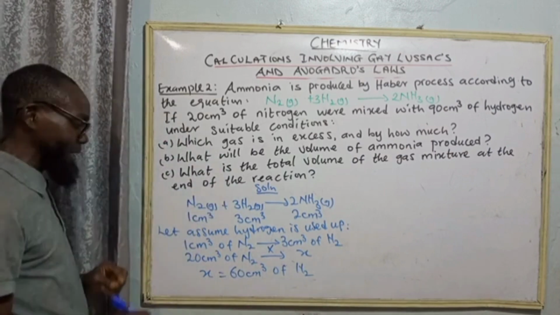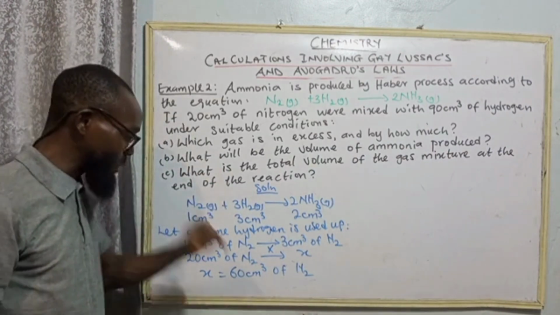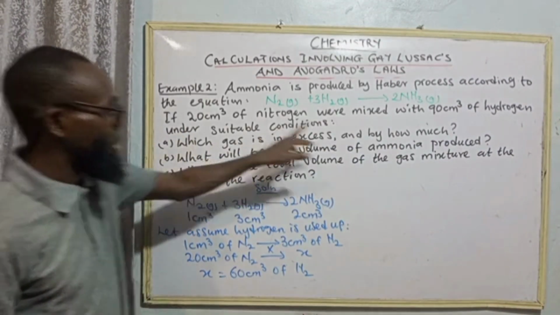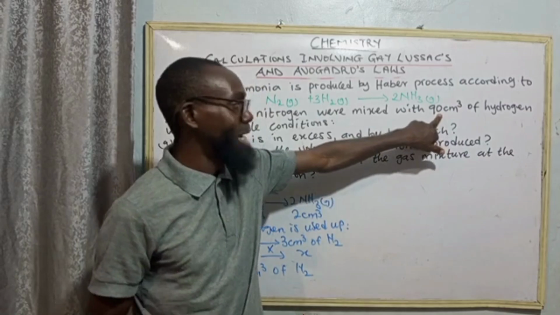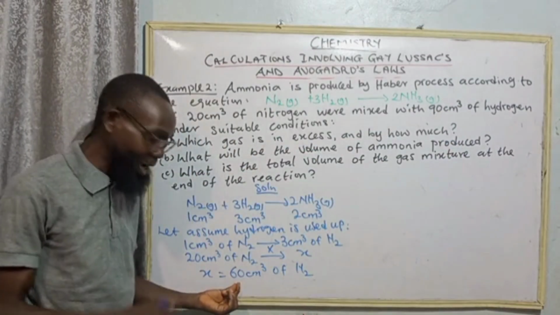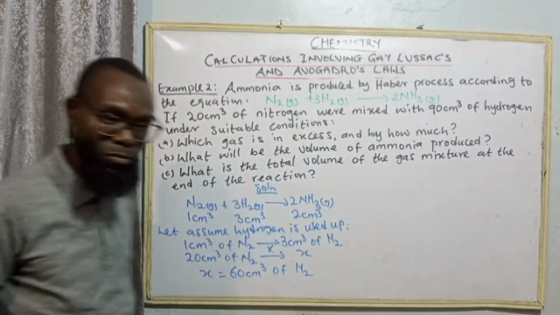Which means that if 20 cm cube of nitrogen is reacting, it must react with 60 cm cube of hydrogen. But what were we given? We were given 90 cm cube, which means that only 60 cm cube of hydrogen is reacting out of 90 cm cube. Are we there?